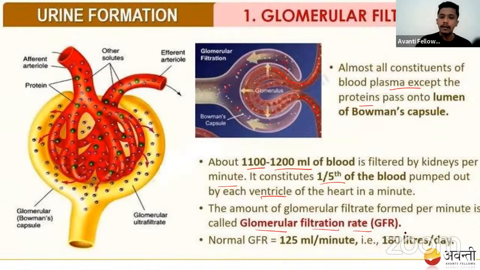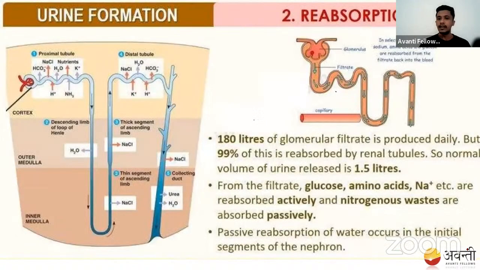What is GFR? It is the amount of glomerular filtrate formed per minute. This is very essential to understand the normal physiology and functioning of our kidneys. For a normal person, the glomerular filtration rate is around 125 ml per minute, or 180 liters per day. So this is about glomerular filtration.